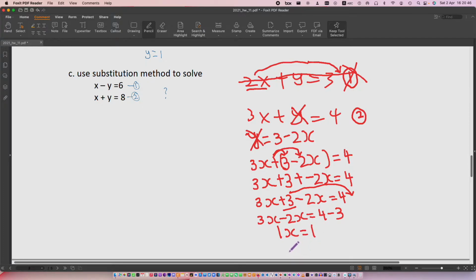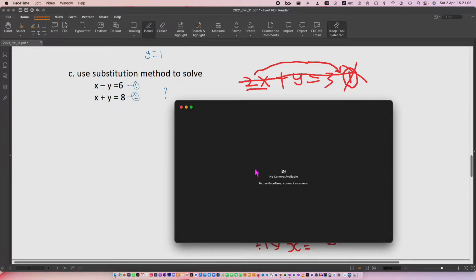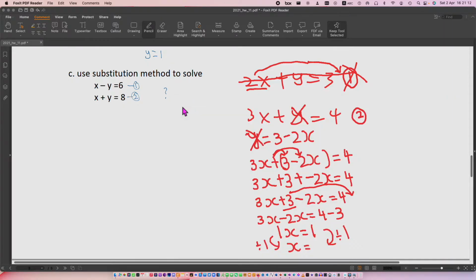Okay, good. So x equal to 1 divided by 1 is... you cannot handle with your brain, use your calculator to double check. Never mind, just press this. Yes, good.